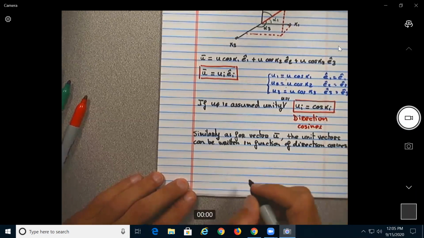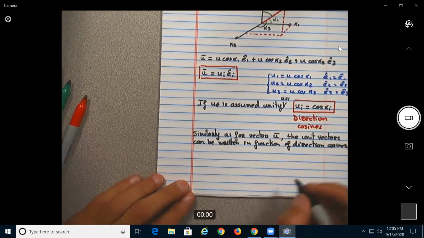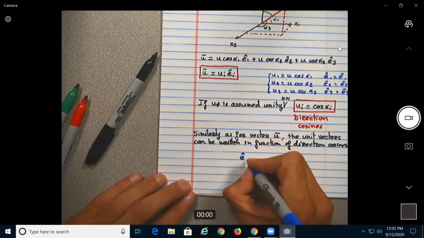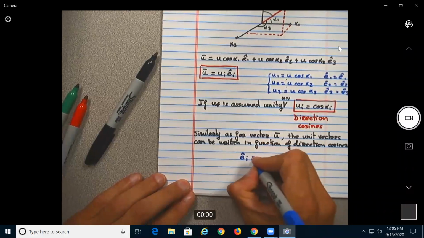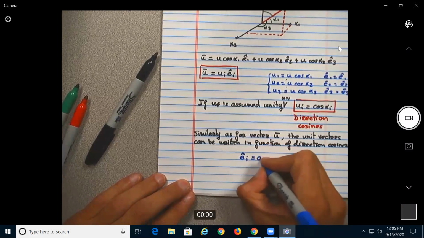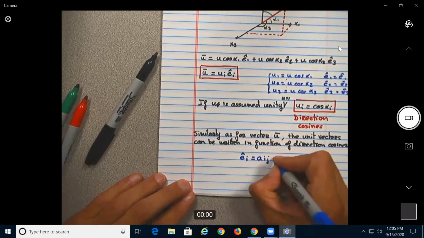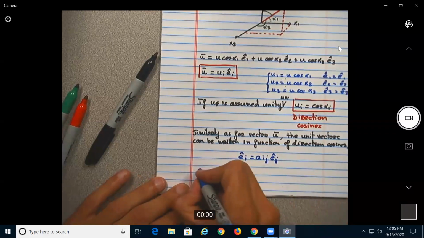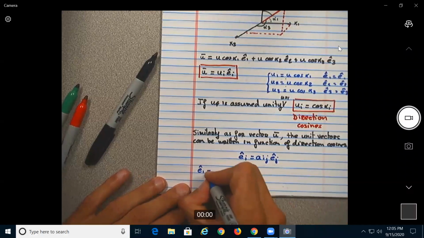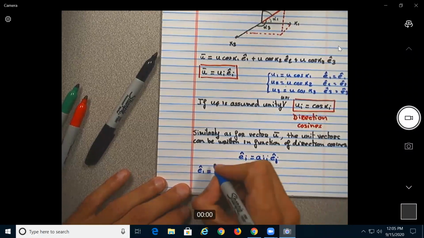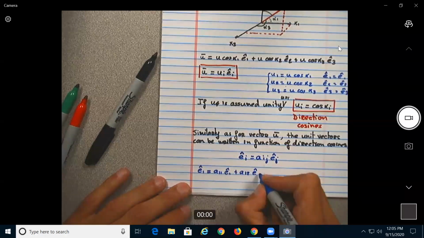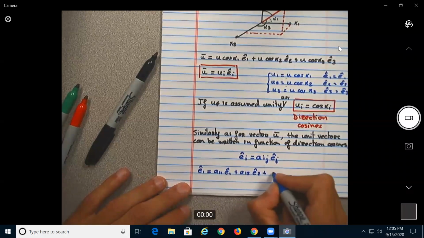So basically, you can say that e'i will be equal to a_ij e_j. This means that e1' will be equal to a11 e1 plus a12 e2 plus a13 e3.